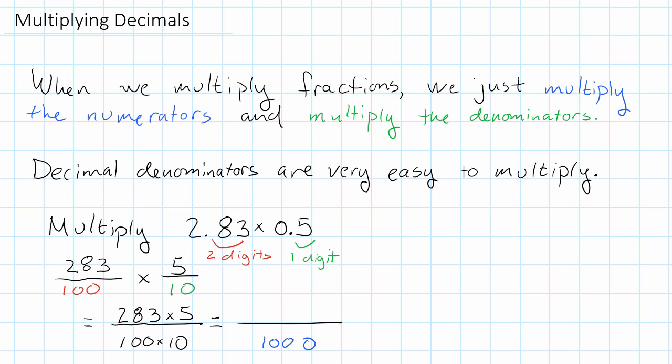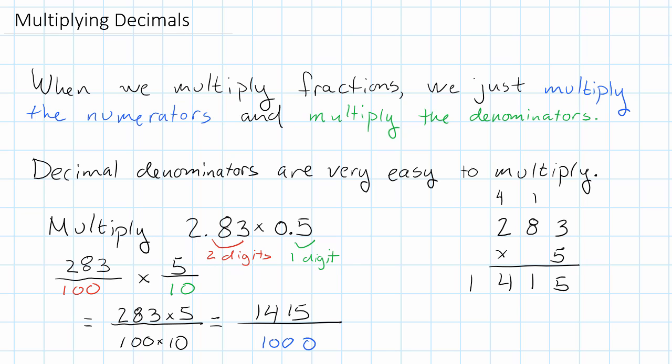Multiplying the numerators is a little harder. We'll write that out. 283 times 5. 5 times 3 is 15. 5 times 8 is 40, 41. 5 times 2 is 10. And 4 is 14. So my numerator ends up being 1415.